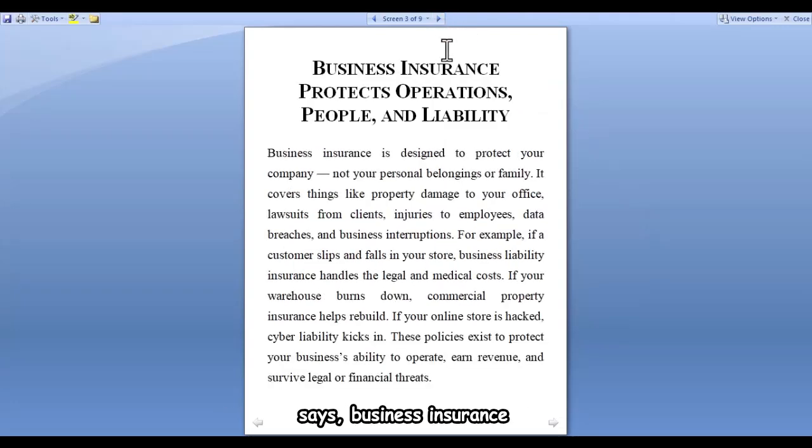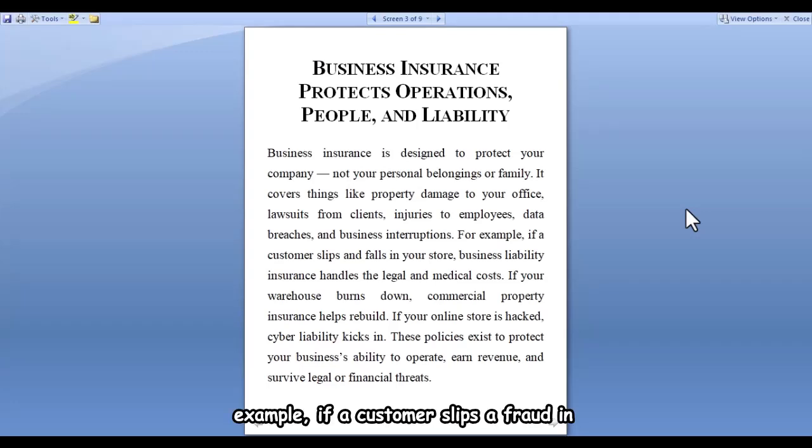So number one here says business insurance protects operations, people, and liability. Business insurance is designed to protect your company, not your personal belongings or family. It covers things like property damage to your office, lawsuits from clients, injuries to employees, data breaches, and business interruptions.